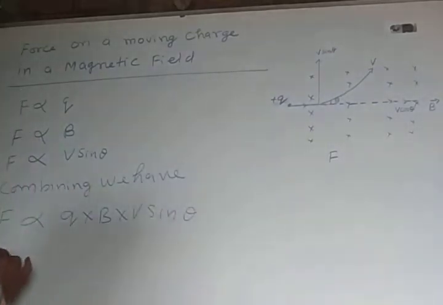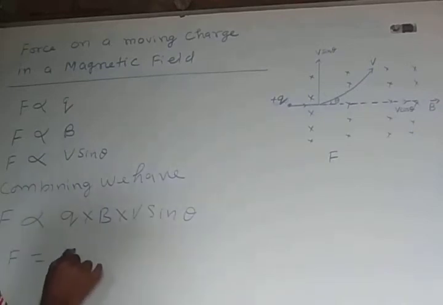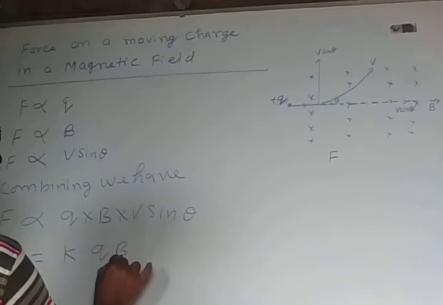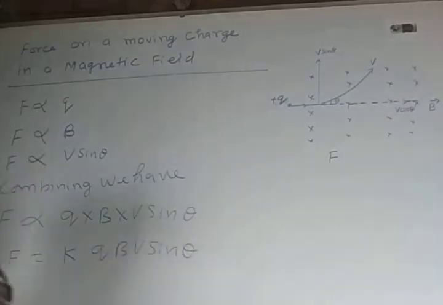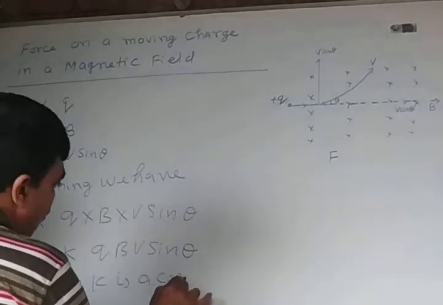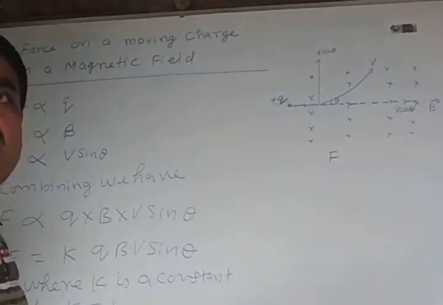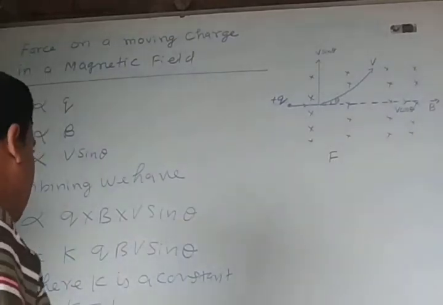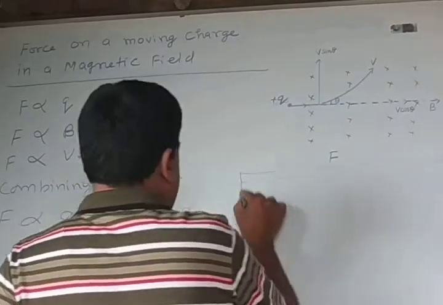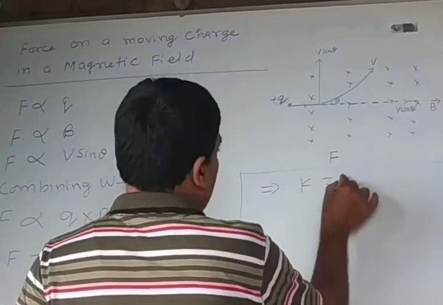That implies F is equal to K into Q B V sin theta, where K is a constant. From experiment, the value of K is 1.